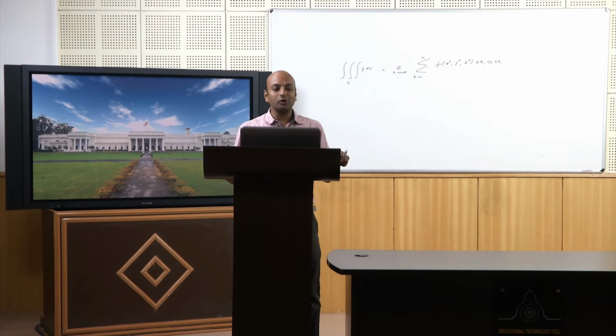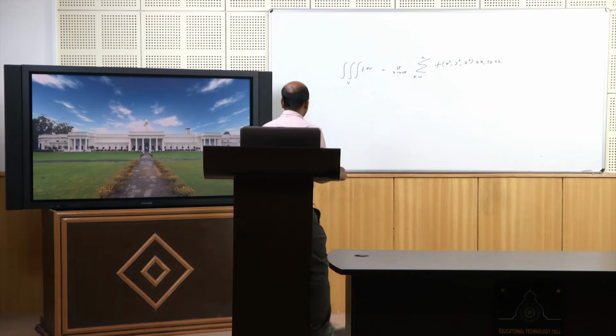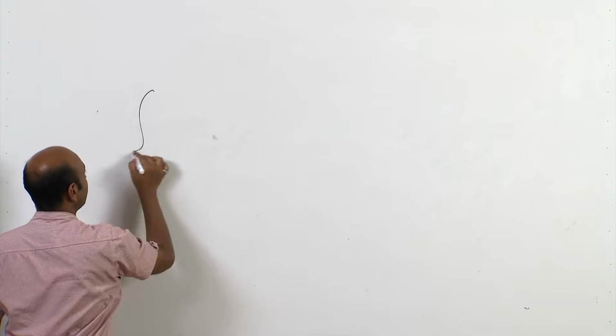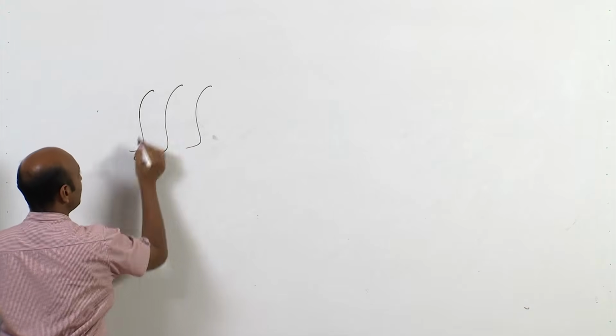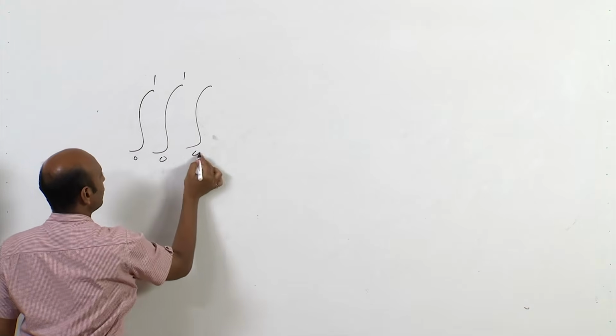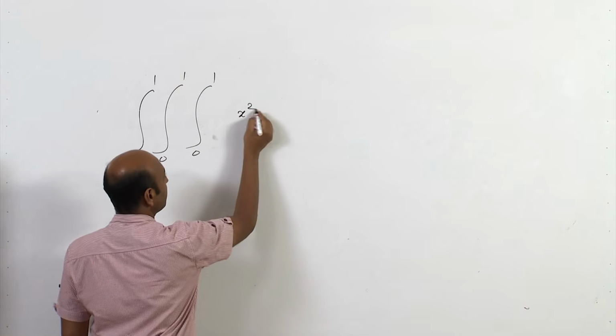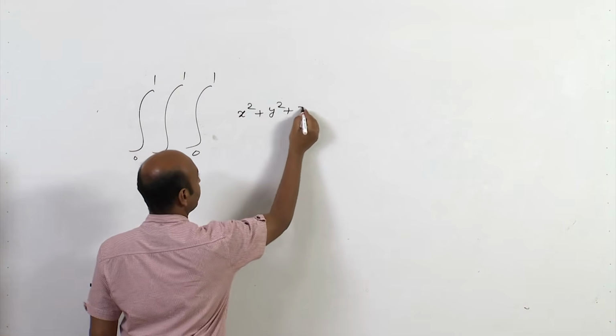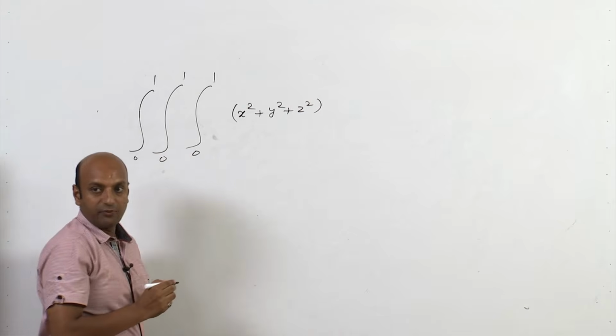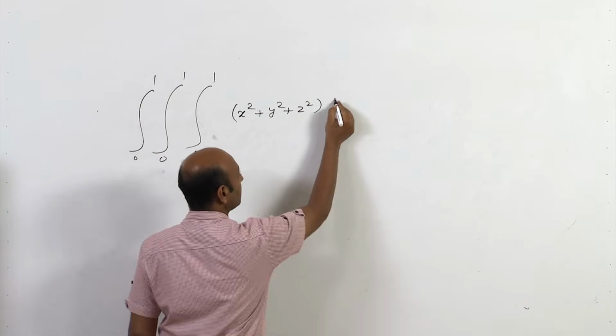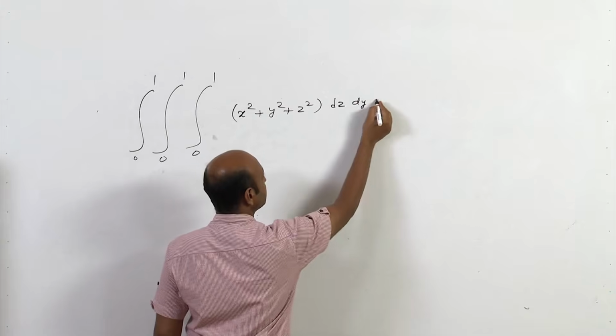Now, suppose you want to solve the first problem. Okay. This is the triple integral 0 to 1, 0 to 1, 0 to 1, of x square plus y square plus z square. First we have dz, then dy, then dx.